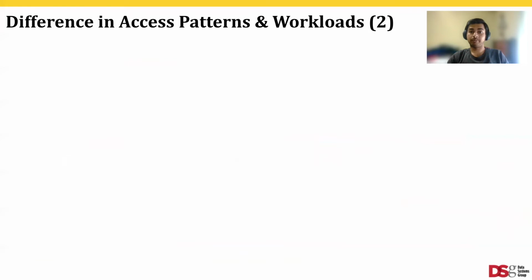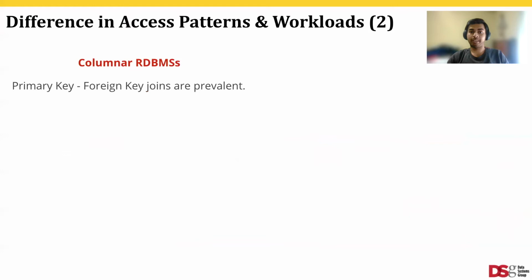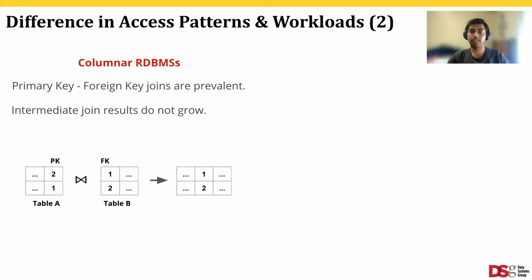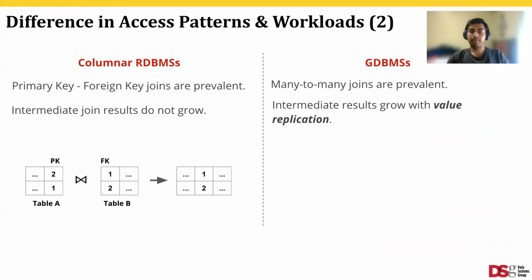The two systems also differ in the nature of the joins. The joins in columnar RDBMS are dominantly primary key foreign key joins which do not grow. That is, there is no explosion in the number of intermediate tuples and also no data replication. However, in graph systems, joins are typically many-to-many, where the join grows rapidly, and the number of intermediate tuples explodes with a lot of replication that increases with the number of joins in the query.